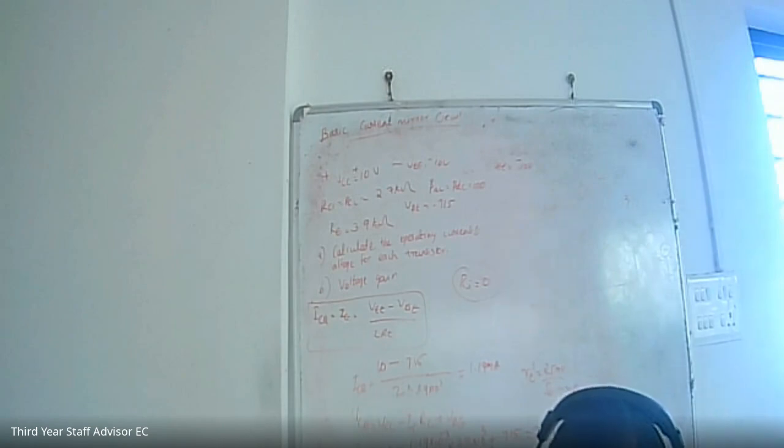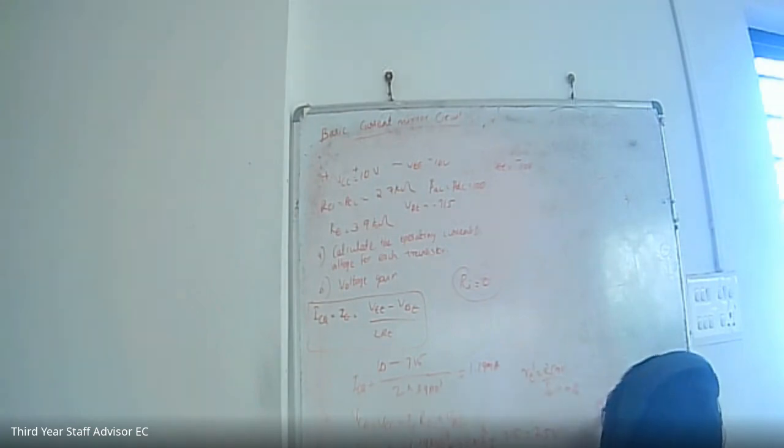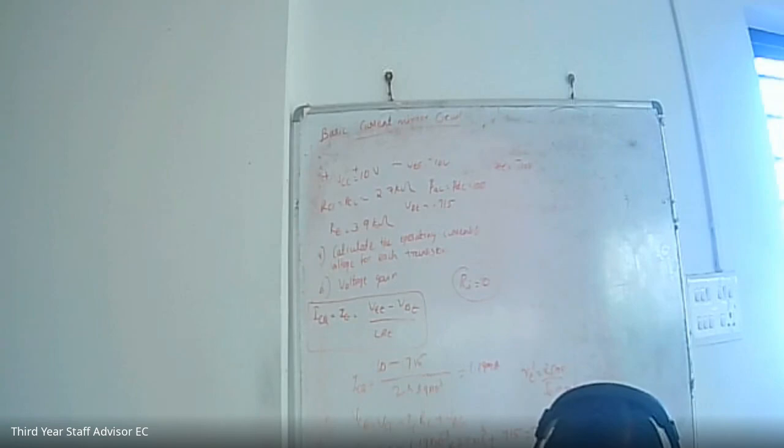IE is approximately equal to IC, and you got the value of IC as 1.19 milliampere. So you can directly substitute: 2.7 into 10 raised to 3 divided by 25 divided by 1.19. You can calculate the value. As a result, you will get the voltage gain AD.